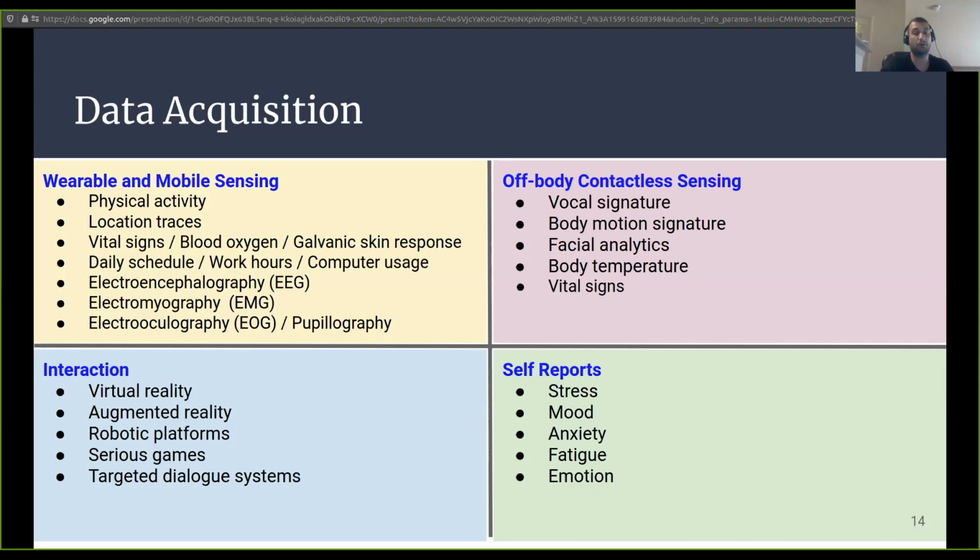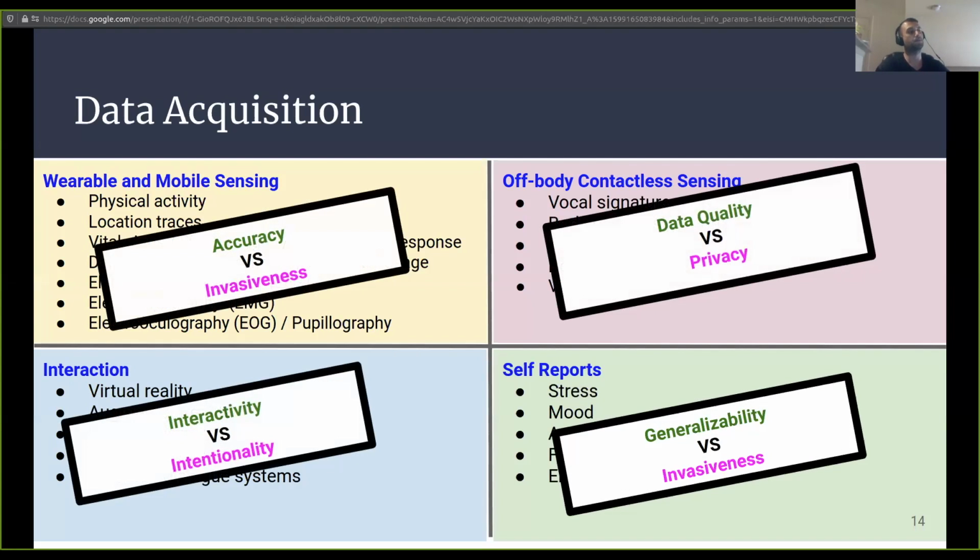And there are, of course, self-reports, where we have the users giving us their personal view of a specific condition that they experience. And as I said, each of these data acquisition approaches comes with pros and cons that are mainly decisions that have to be made by the engineer beforehand, so they can make sure that they meet their expectations.